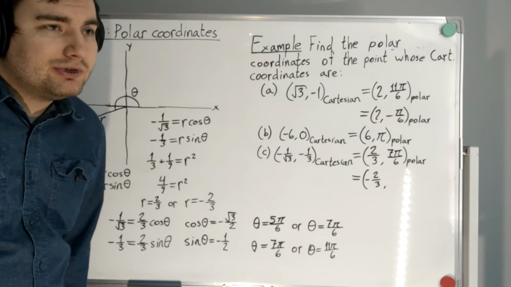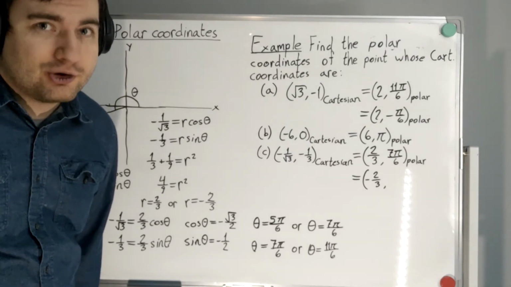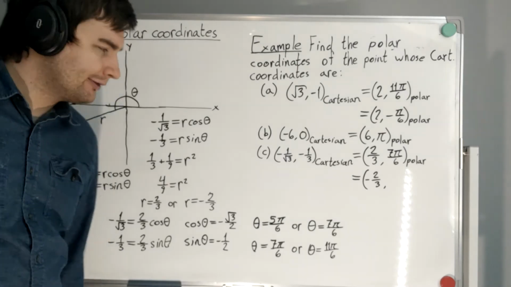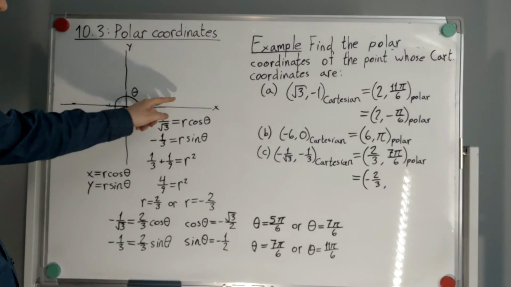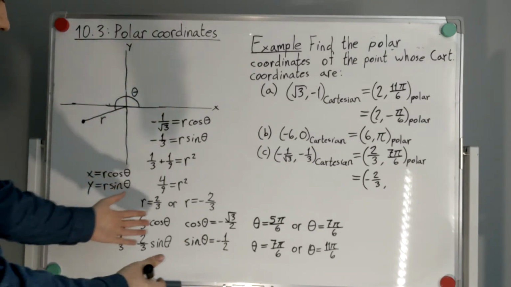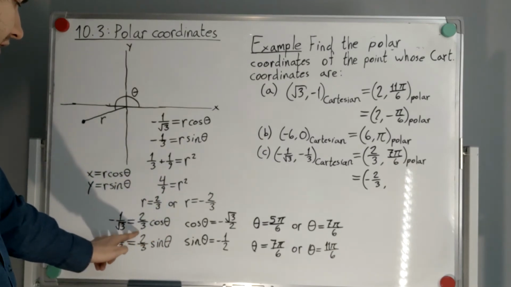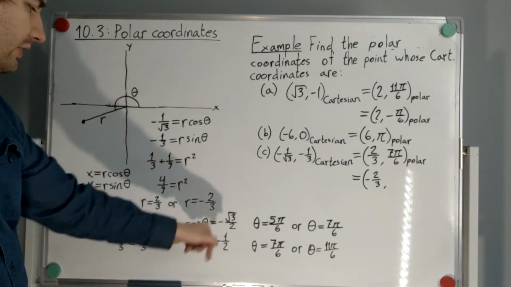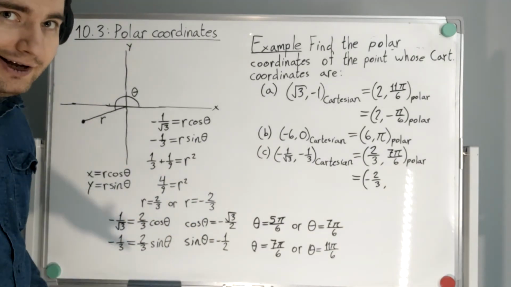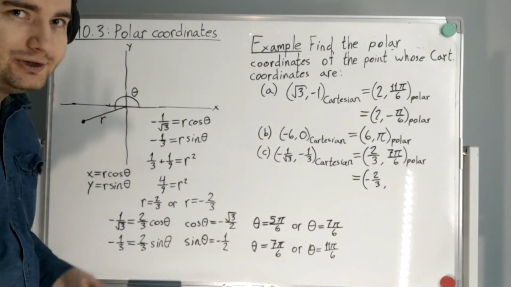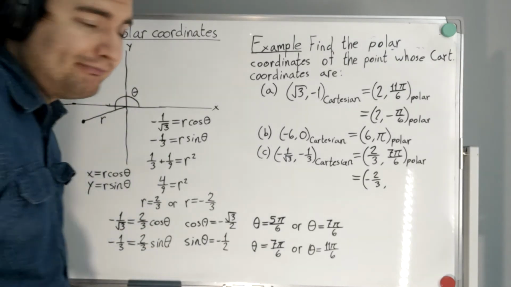Well, algebraically, you might not get pi over 6, but geometrically, you'll get the angle corresponding to pi over 6. So yeah, you can go through this whole system of equations with negative 2/3 in place of r. If you do that, then cosine theta becomes root 3 over 2 and sine theta equals positive 1/2. And then you're going to say, okay, angles between 0 and 2 pi that do that, there's only going to be pi over 6.